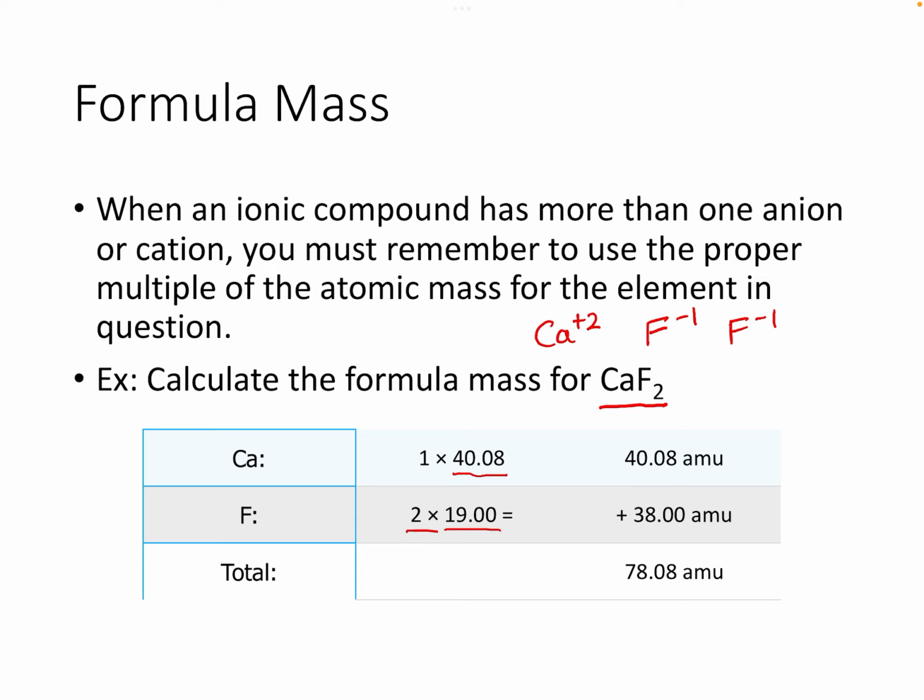That will give us a total of 38 atomic mass units. Now, if we plug this into our calculators and we add 40.08 and 38, we get a total mass for this compound equal to 78.08 atomic mass units. So that would be the formula mass for calcium fluoride.